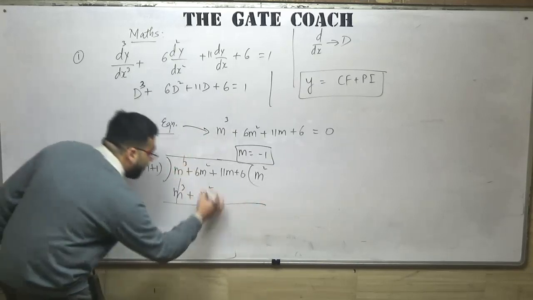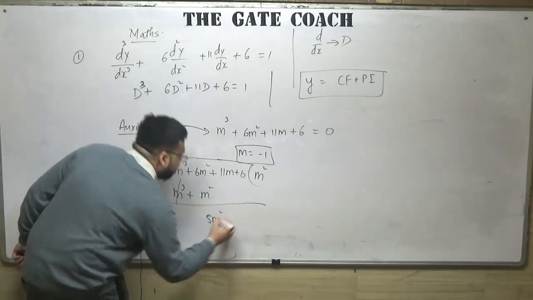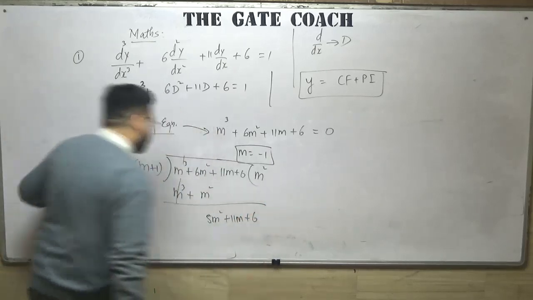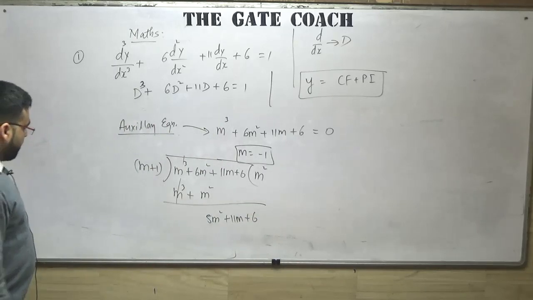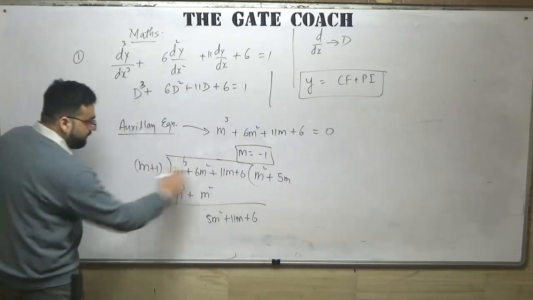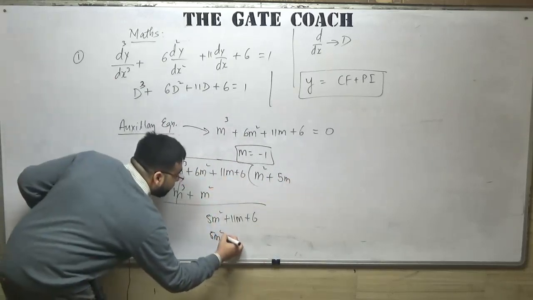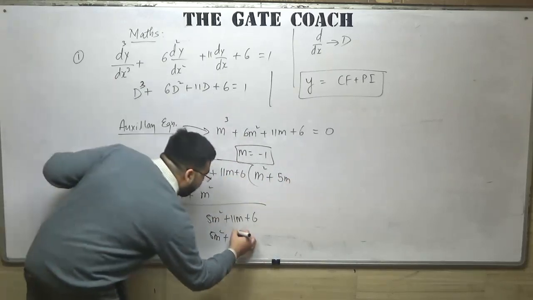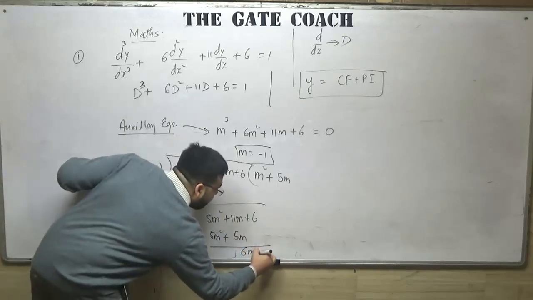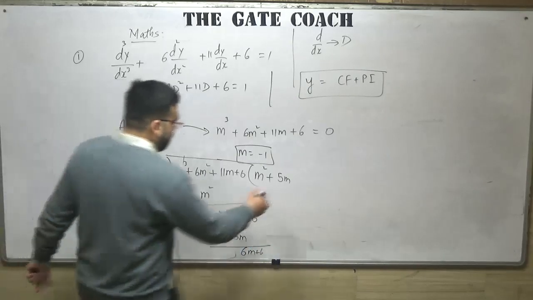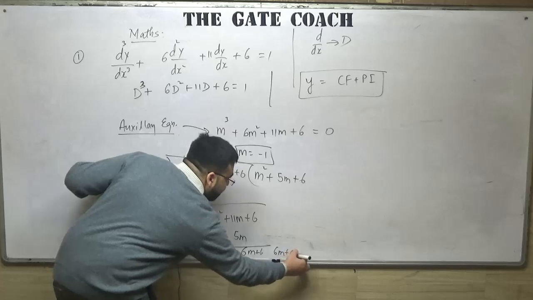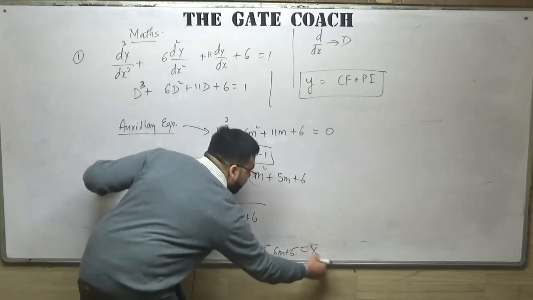Subtract it, this cancels out, leaving 5m square plus 11m plus 6. Now plus 5m: 5m square plus 5m. Subtract it, we get 6m plus 6, and again 6m plus 6 cancels out, giving 0.